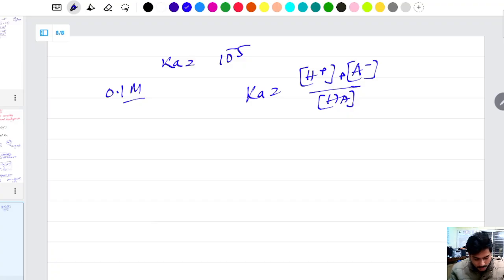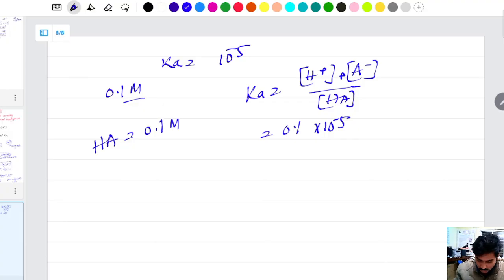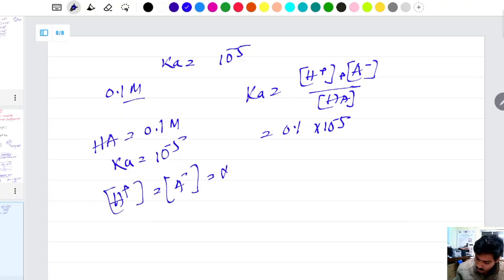Sorry, HA value I have to calculate first, that is HA equals 0.1 molar and Ka given 10 to the power minus 5. H plus ion equals A minus ion equals X.